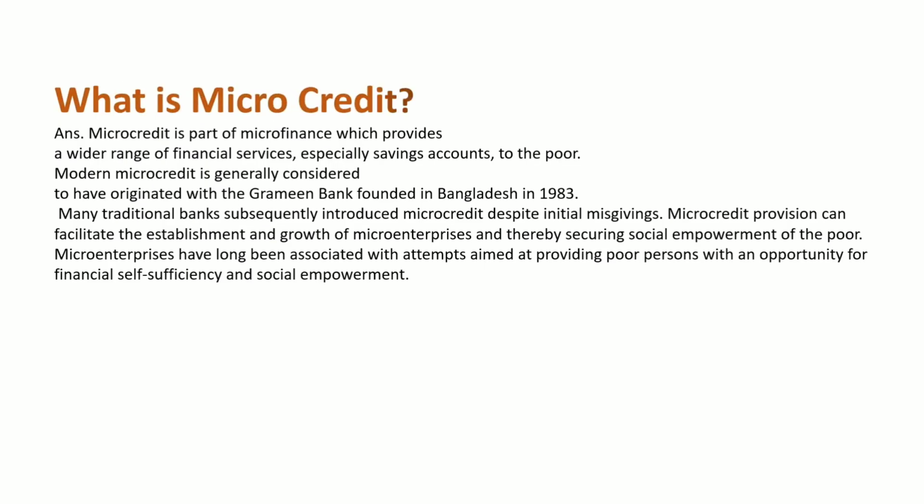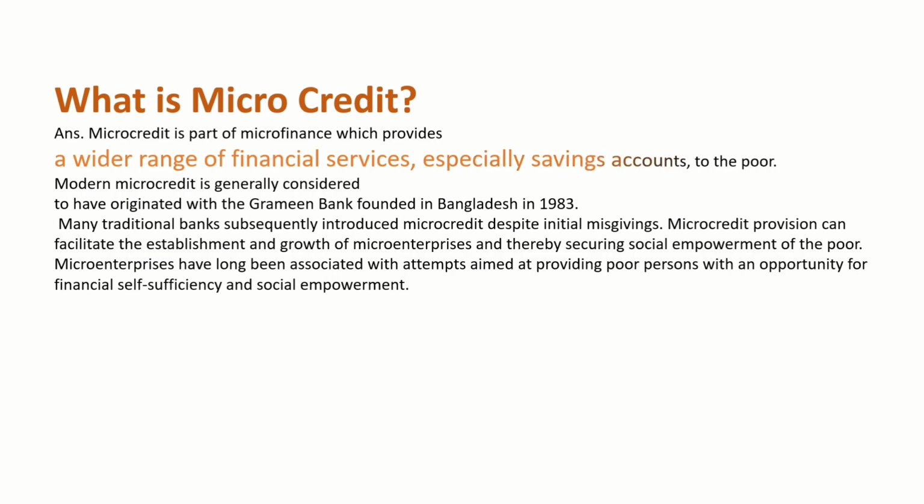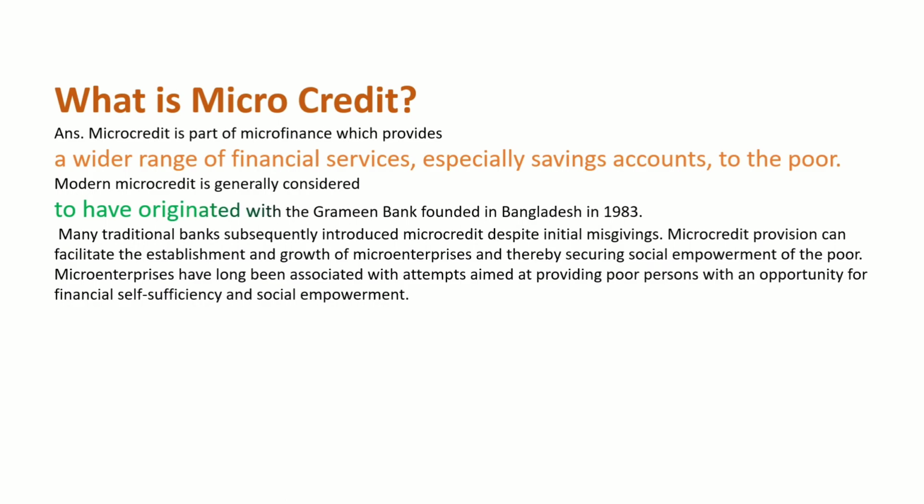Under this, most villages established the microfinancing credit system, and banks, especially Grameen banks, were established in the villages to assist them financially whenever they need. It first originated with the Grameen Bank, which was founded in Bangladesh in 1983. Afterwards, all over the country, these were established to help in the financial system.